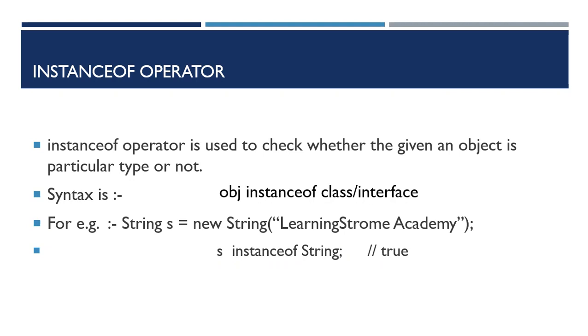Sometimes we are using an object but we are not aware which class it belongs to, and we need to know what this object is and what the various functions associated with it are. In that case we need to check which class it belongs to, and we can use the instanceof operator.